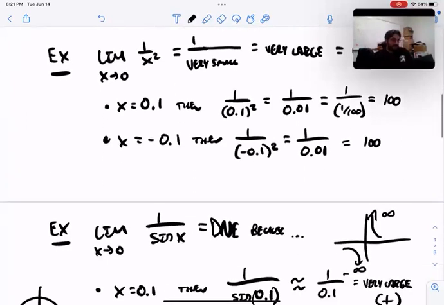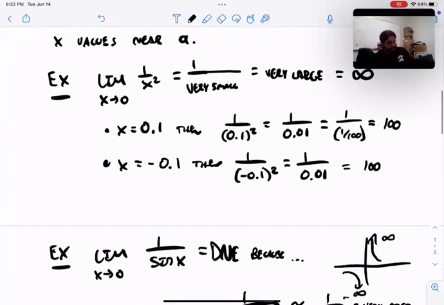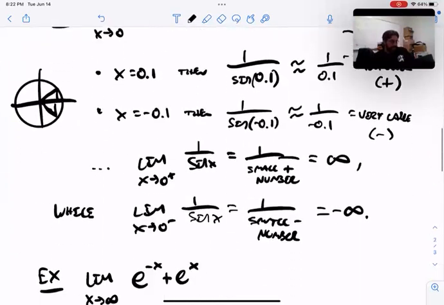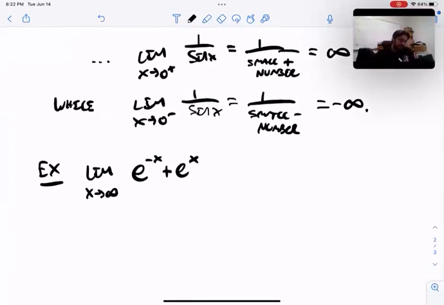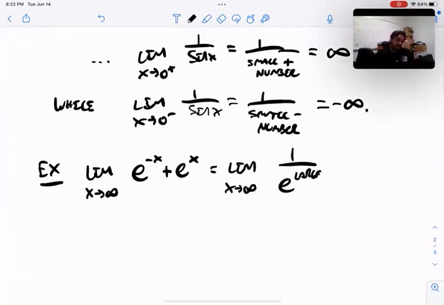But I can talk myself through it just like I did these two prior examples, right? I can say, well, as x goes to infinity, what do I have? Here I'm going to have e to a very large negative number, right? This might be most easily thought of as 1 over e to a large number, right?